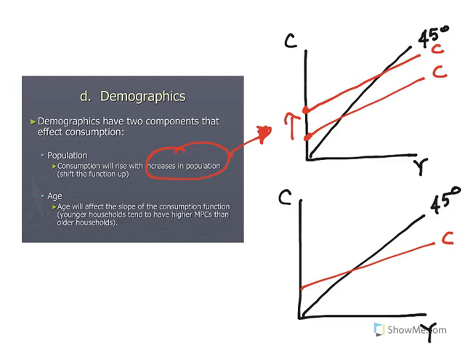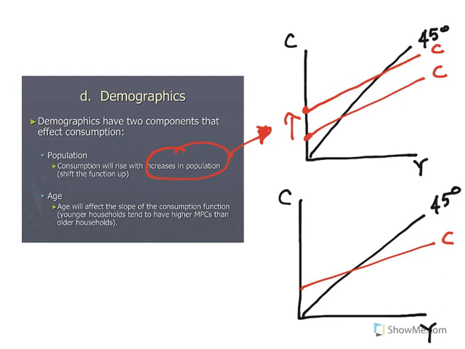But let's say that increasingly you have more and more of your households that are really, really old. Well, we know that really, really old people tend to be retired, therefore they tend to spend a much larger percentage of their income.